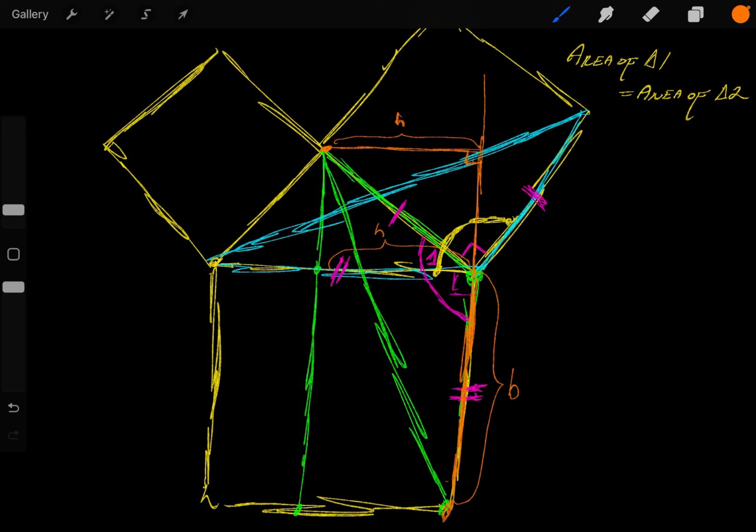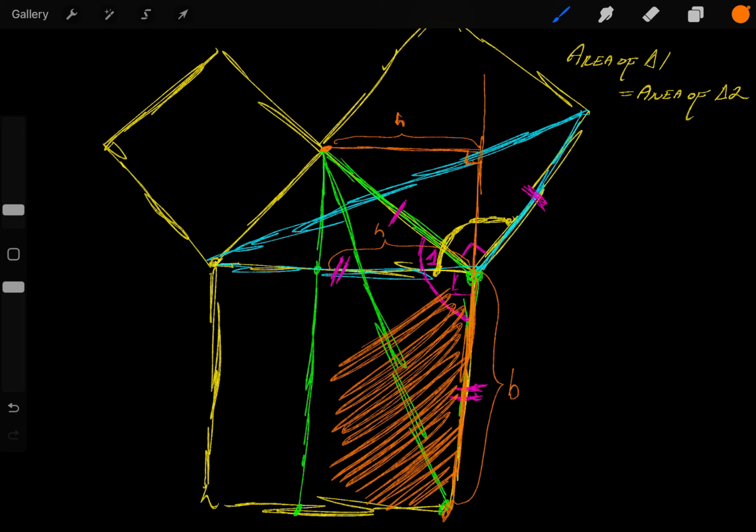And base times height is for sure the area of this rectangle. And that means that 2 times the area of triangle 1, the green triangle, is equal to the area of rectangle 1.